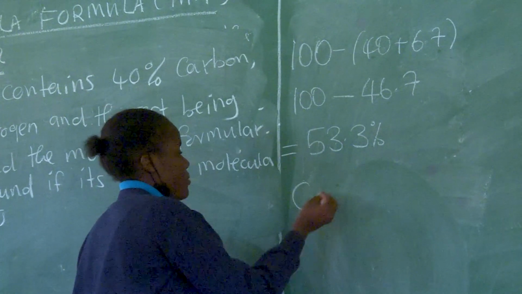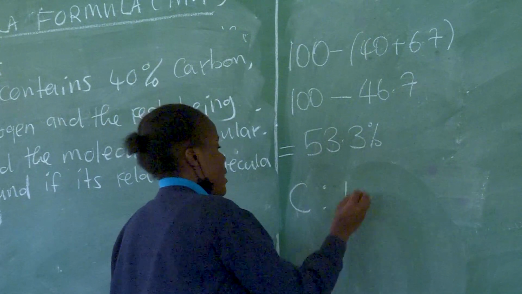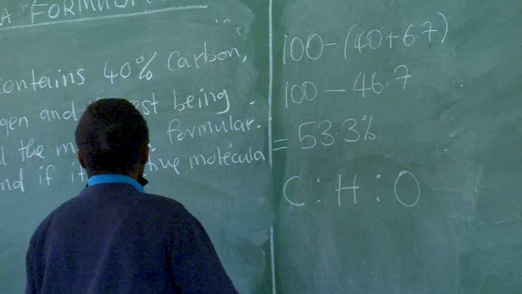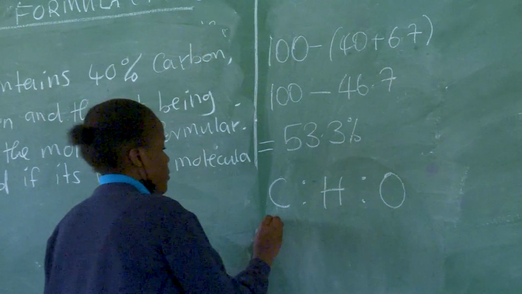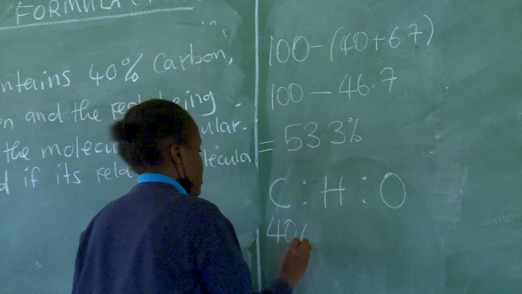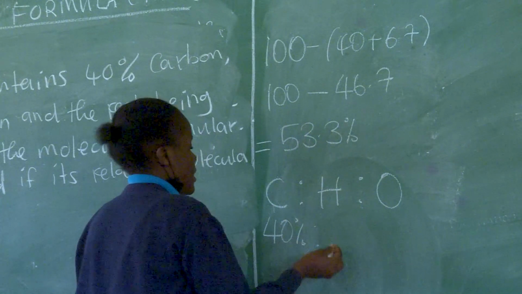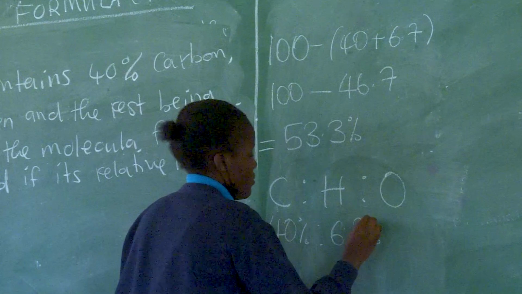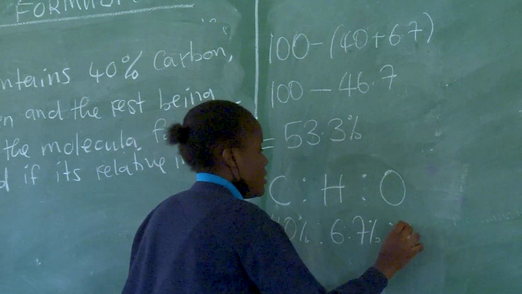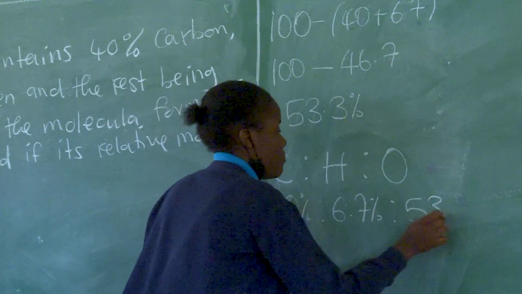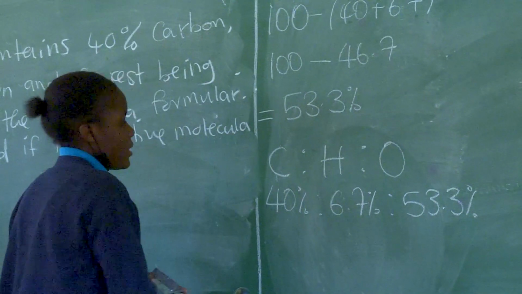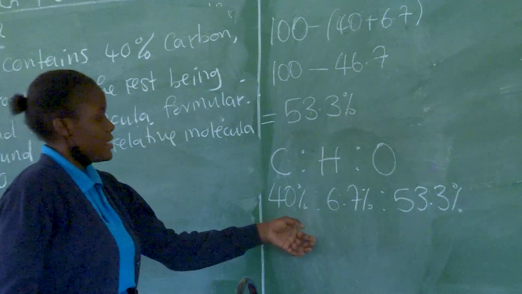So first we write the ratios: carbon to hydrogen to oxygen. There is 40% of carbon, so we put the 40 here. Then there is 6.7% of hydrogen, and 53.3% of oxygen. Then we divide by the mass numbers.